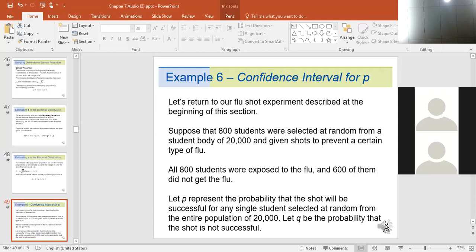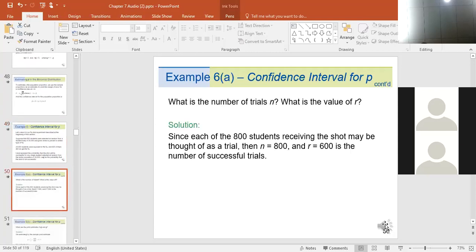Both numbers, 600 and 200, are above 5. So we can use a normal approximation to estimate the population proportion. The sample proportion p hat is 600 over 800, which is 6 over 8, equals 3 over 4. And q hat equals 1 over 4.